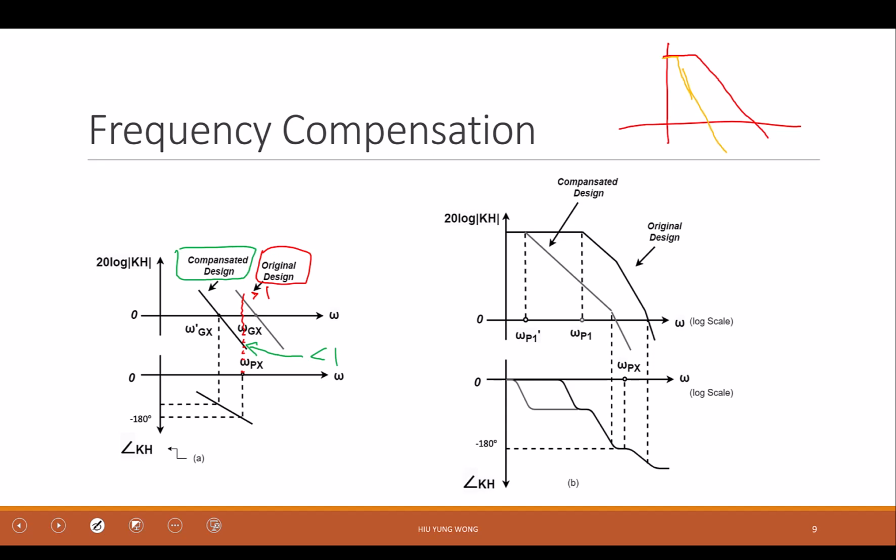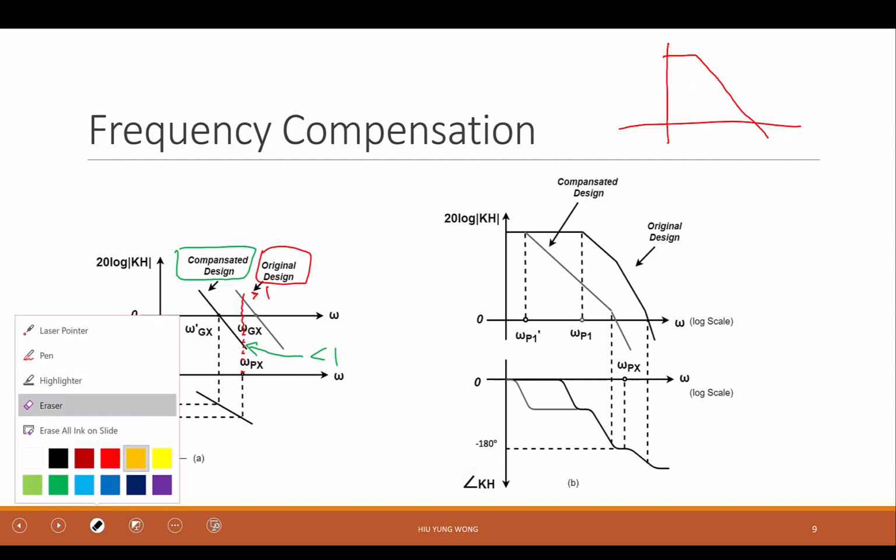For a single pole, of course, if you move the pole to the left, then your gain crossover will move to the left, but the phase crossover will move to the left also, right? However, there's no oscillation in a single pole system because it's negative 90 only, right? How about this? Anyone think of another way?